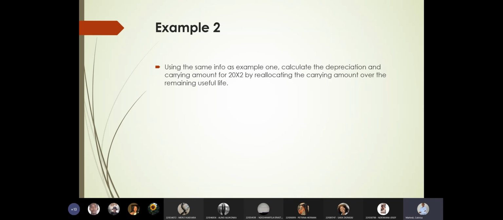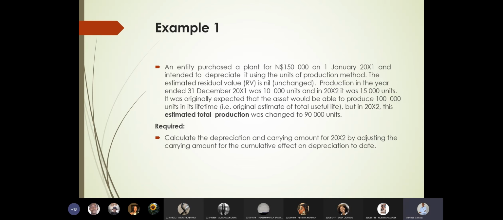All right, so let us go back to the information. An entity purchased a plant for 150,000 on 1st of January 20x1 and intended to depreciate it using the units of production method. The estimated residual value is nil, that is unchanged. Production in the year ended 31 December 20x1 was 10,000 units, and in 20x2 it was 15,000 units.